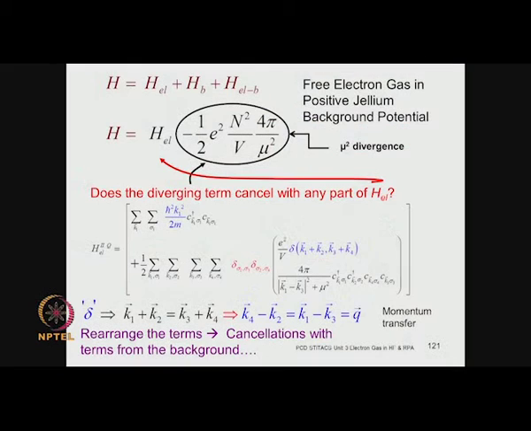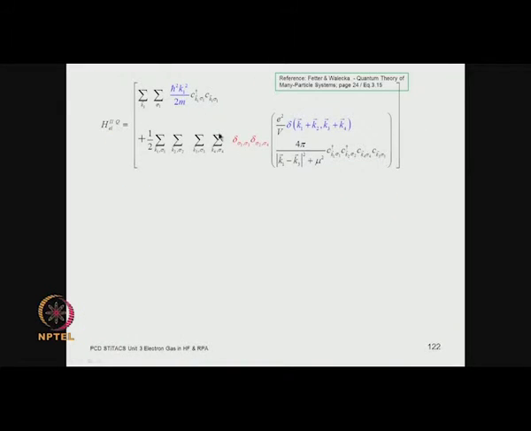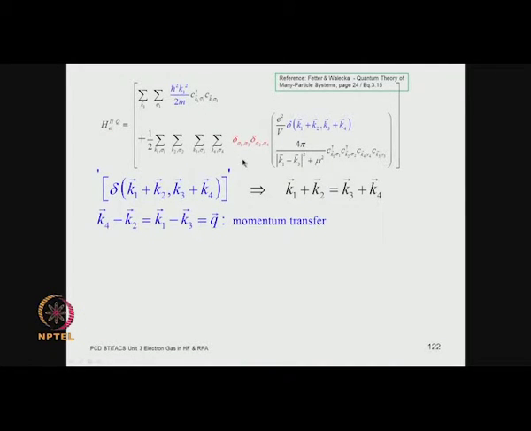We will examine these terms very carefully and ask if any of these terms leads to a cancellation of this 1 over mu square divergence coming from the background terms. So this is the Hamiltonian now, and as we pointed out, you have a constraint which is K1 plus K2 equal to K3 plus K4, which means that you really do not have 4 momentum variables.